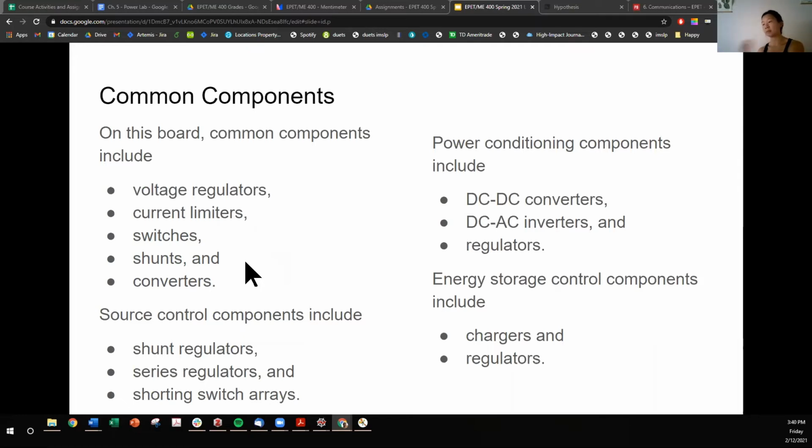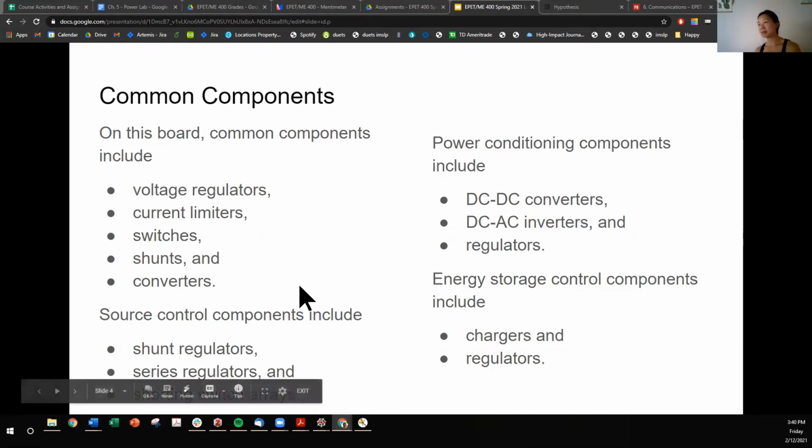The shunt will redirect the stream of power into heat or other releases. And then we generically have converters. So converters include DC to DC or DC to AC, where AC is alternating current. I hope you know what AC is. Okay, so those are common components.